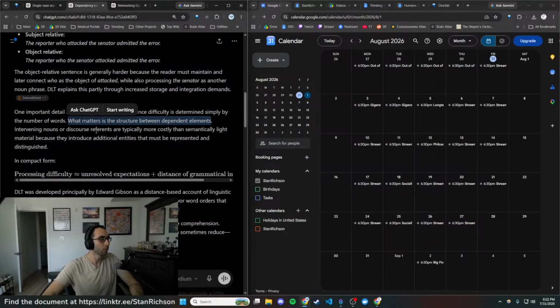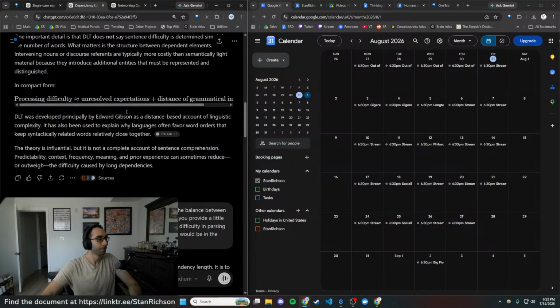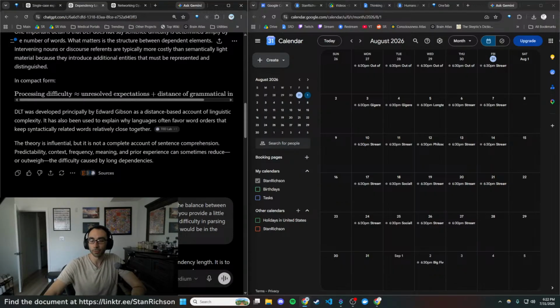Intervening nouns or discourse reference are typically more costly than semantically light material because they introduce additional entities that must be represented and distinguished. That being said, to your point, a clean heuristic would be if you reduced the sentence and had the smaller sentence, then perhaps you ensure that you're not having a difficult to follow grammatical structure. That being said, you might be losing some stuff there. I'm describing information not by word count, but by structure of informational complexity.